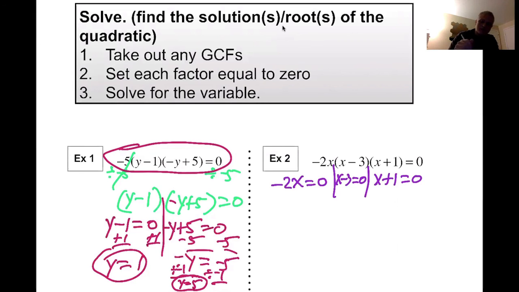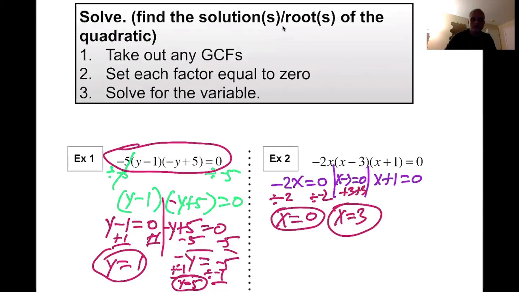It's algebra 1 time now. Divide by -2, divide by -2, and we get x equals 0 divided by -2, which is 0. So x equals 0 is one solution. I'm going to add 3, add 3. x equals 3 is also a solution. And then finally, subtract 1, x equals -1 is a solution.